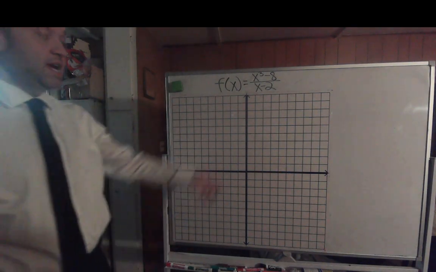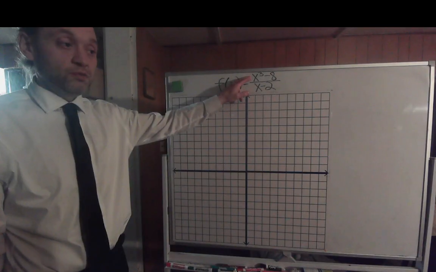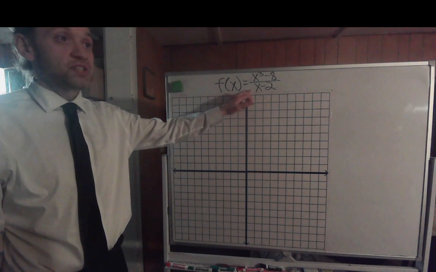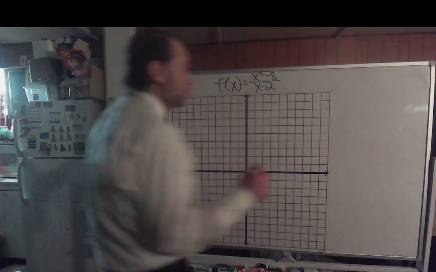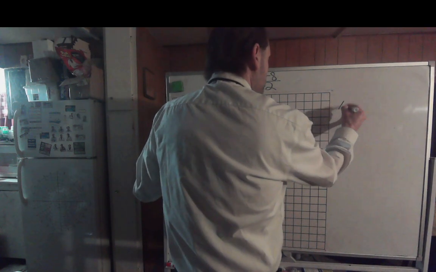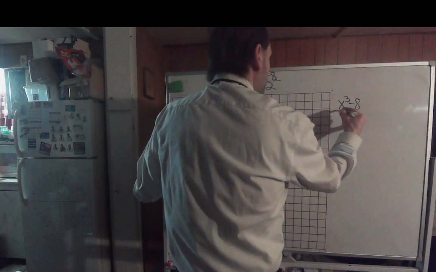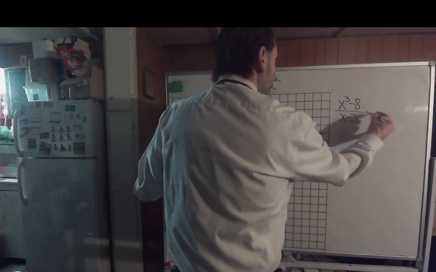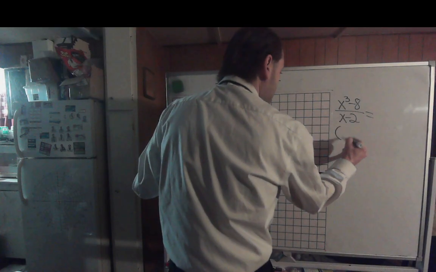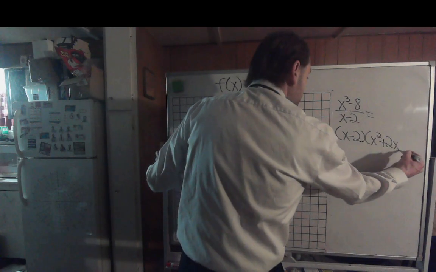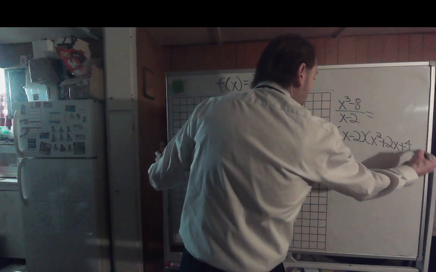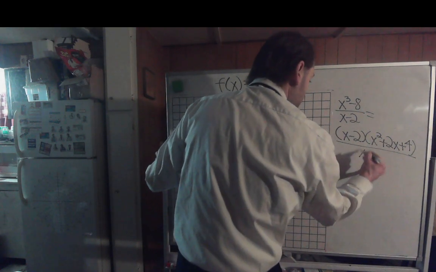And you notice that you have a difference of 2 cubes in the numerator, and x minus 2 just so happens to be a perfect factor of x cubed minus 8. So this x cubed minus 8 divided by x minus 2 can be written as the quantity x minus 2 times x squared plus 2x plus 4 all over x minus 2, and the x minus 2's would cancel out.